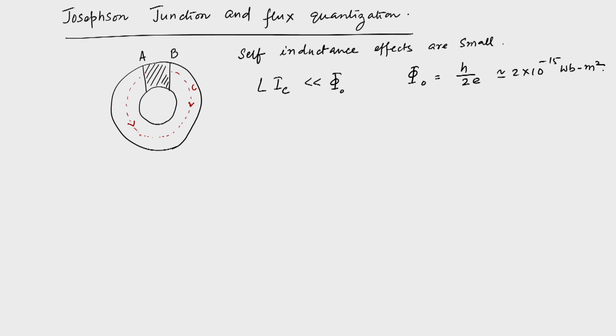So, the self inductance of the loop multiplied by the critical current, which is the resistance-less current that flows through the junction, is much smaller than phi naught, the quantum of flux, which has a value which we know.